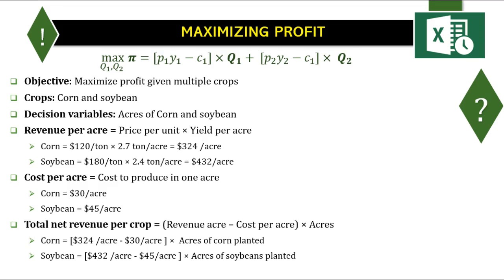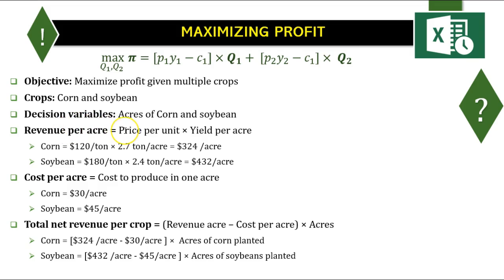Let's start with the objective function. Here, our intention is to maximize the profit of the farmer given two crops, corn and soybeans. Here, the decision variables are the acres of corn and soybean planted. Therefore, the revenue must be also in dollars per acre.